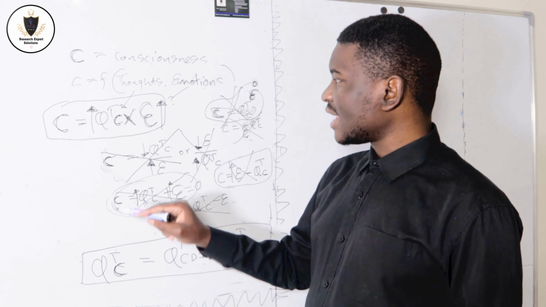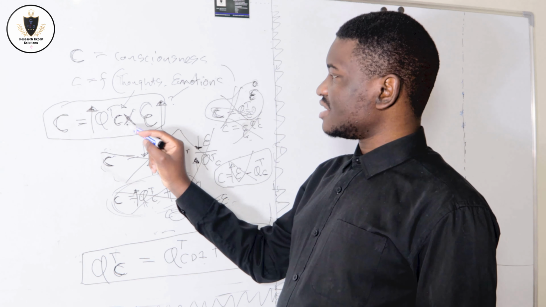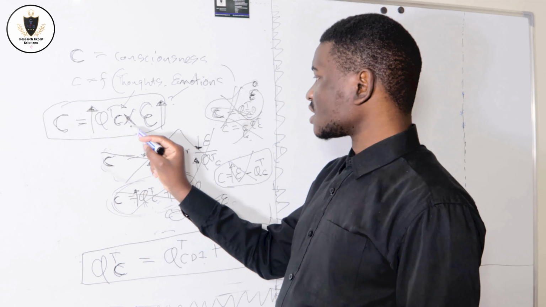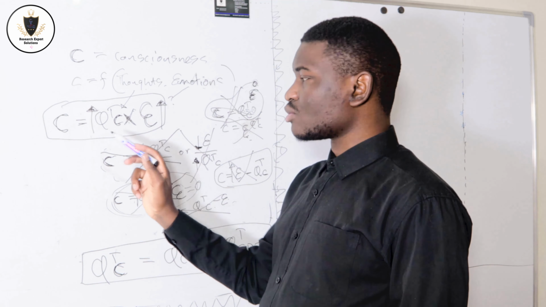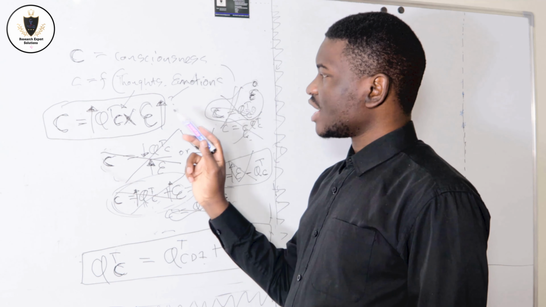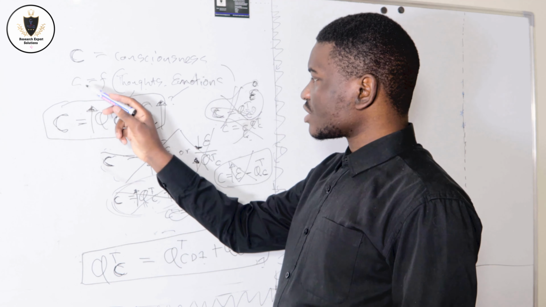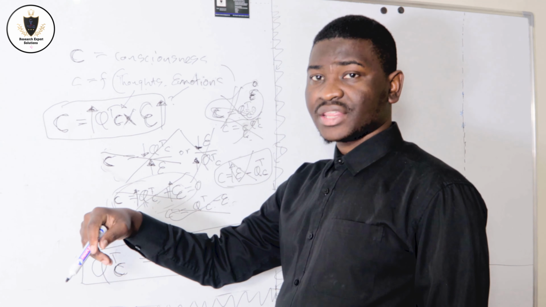And now we are left with the product, right? Which I said is what we settle on as a mathematical expression of our state of consciousness based on the way it operates. So in this regard, we are saying the more we think about something, the more we feel something about that particular thing.